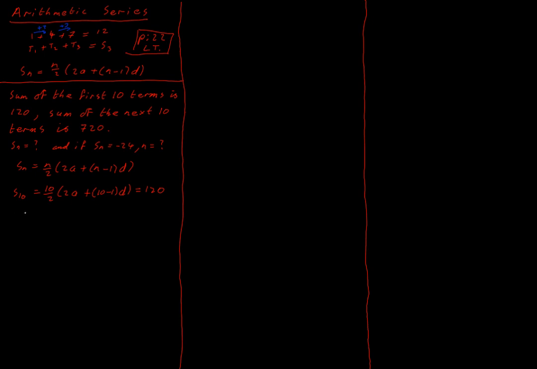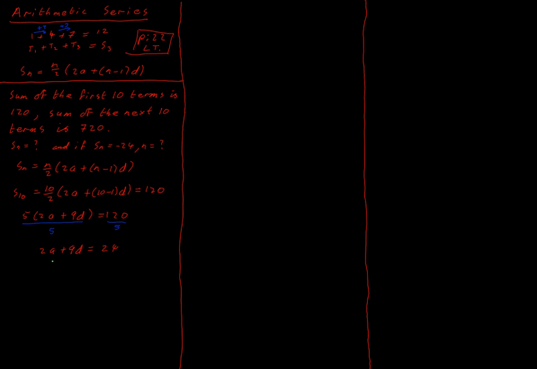Well, let's tidy this up a little bit. 5 on 2a plus 9d is equal to 120. I recognize that I could divide both sides by 5. So I end up with 2a plus 9d is equal to 24.